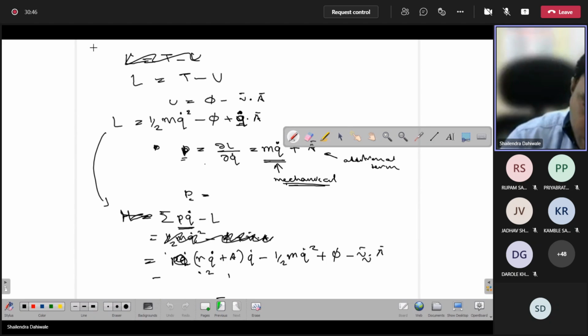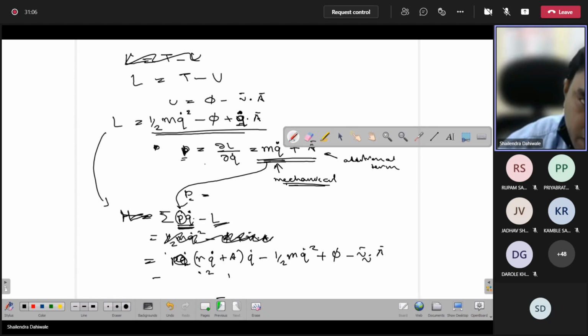So what I did, I wrote pq dot, you know this, p is my mq dot plus qA. So I substituted P here, and q dot as it is. L is my whole this term, right?